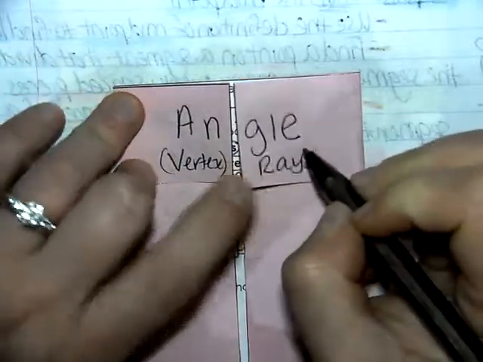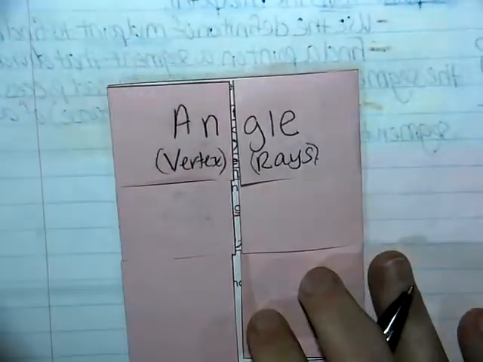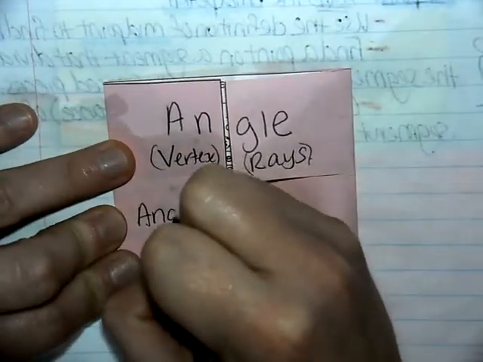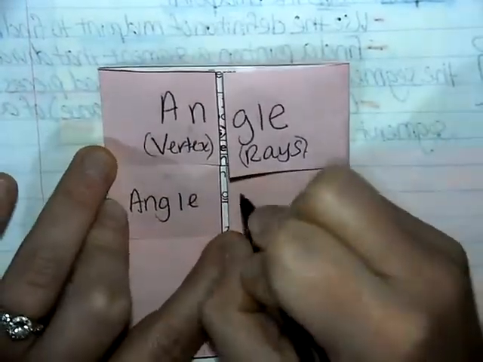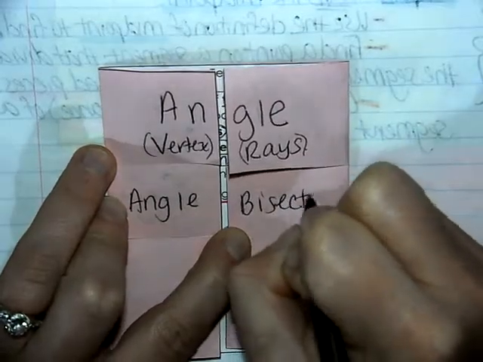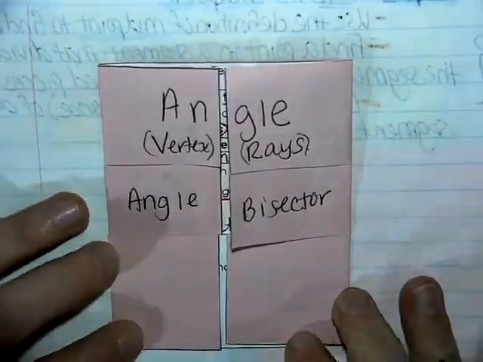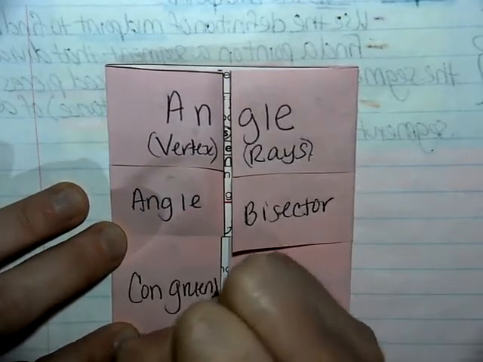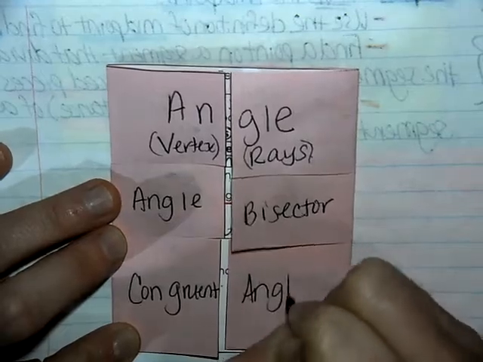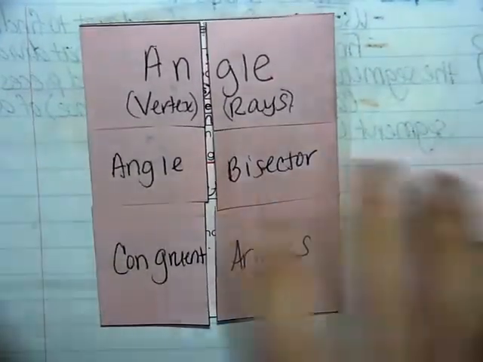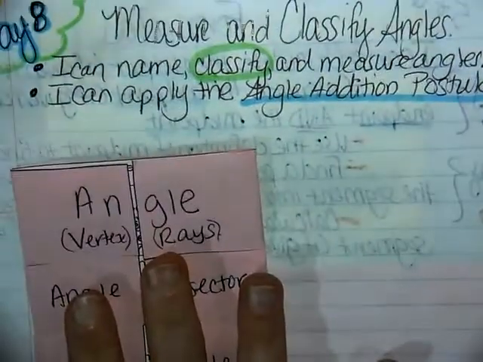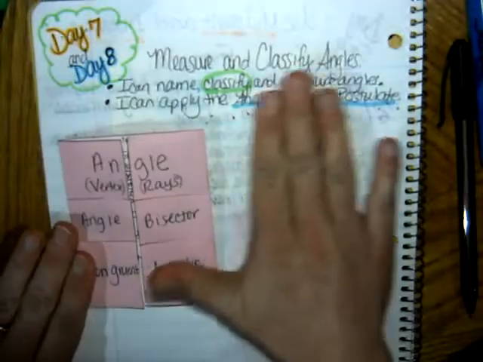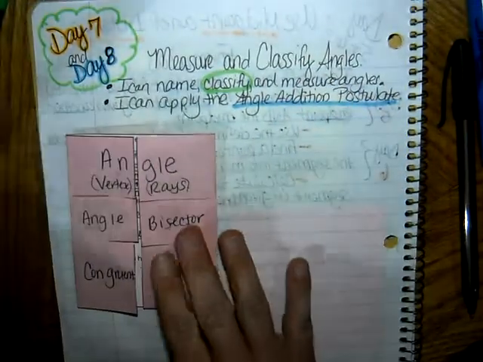The next word was angle bisector. And third, we had congruent angles. Congruent angles are angles that have the exact same measure. What I would like you guys to please do is paste our cutout on the side because we're going to write down some information on the other side.